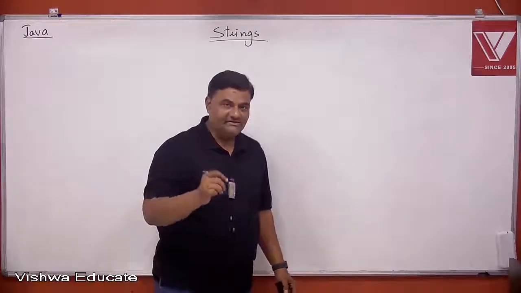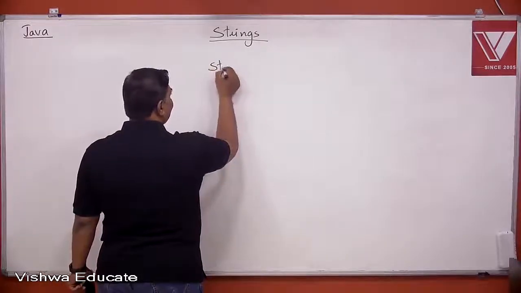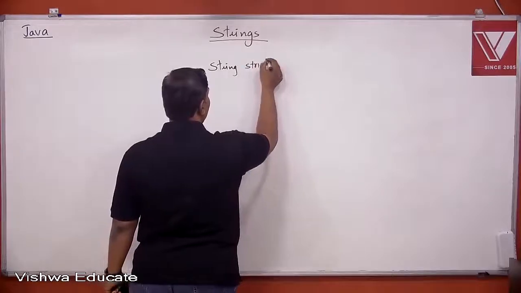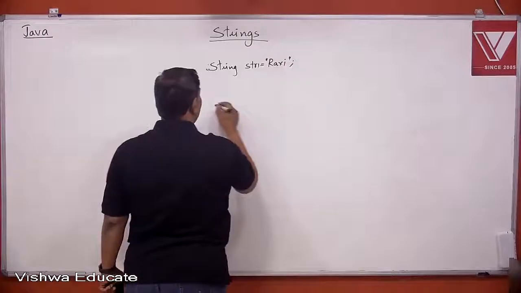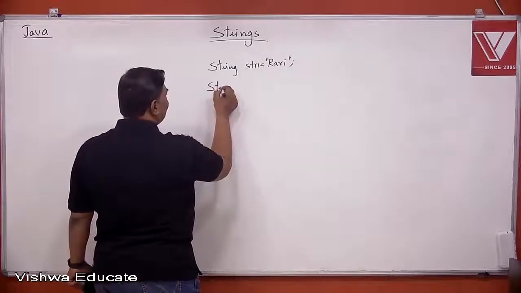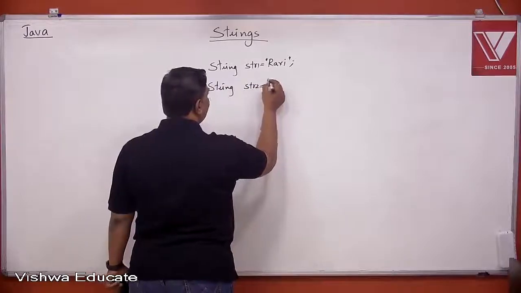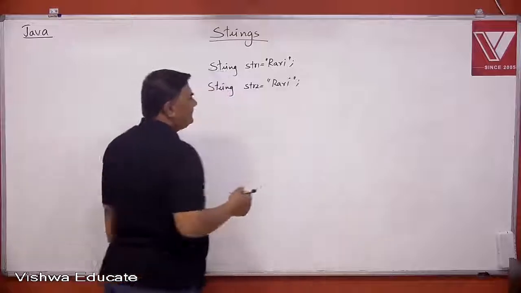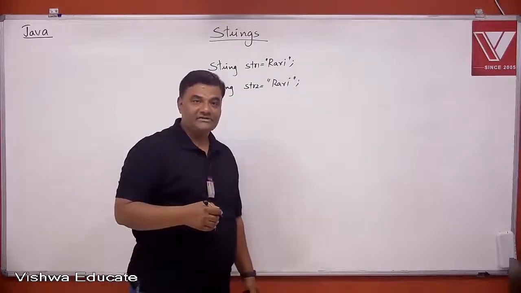Now, next. See, if I am creating a string str1 assign Ravi, then I am creating one more string str2 assign Ravi. Now, I have two objects of type string.